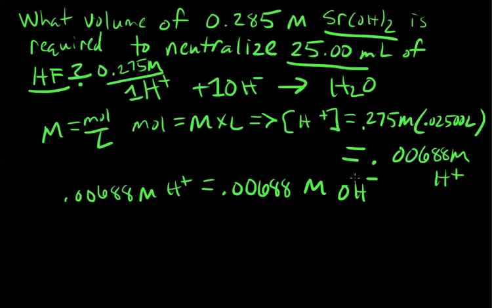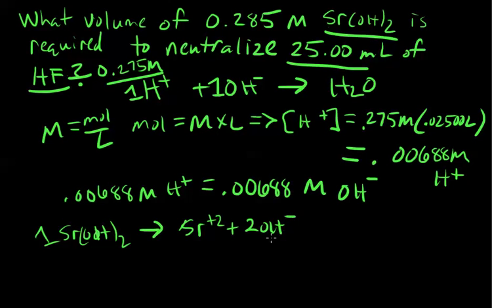Now, if you look at this, when strontium hydroxide dissociates, for every one strontium hydroxide, we're going to get one strontium ion plus 2 hydroxides. All right.